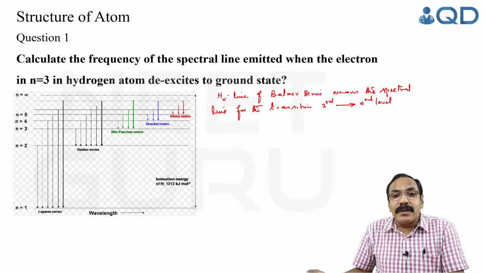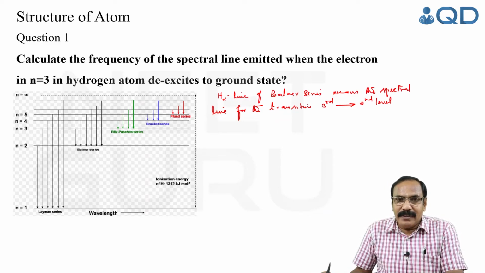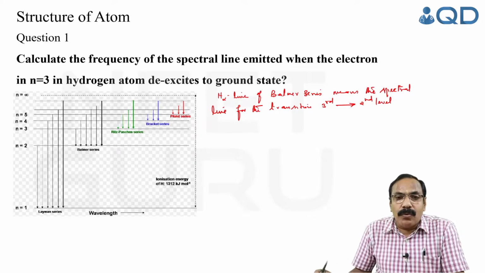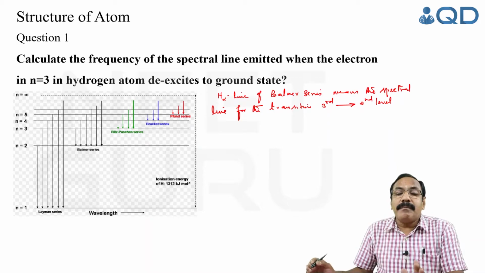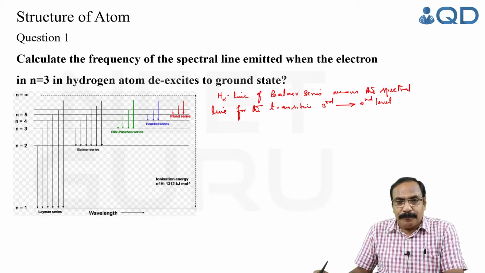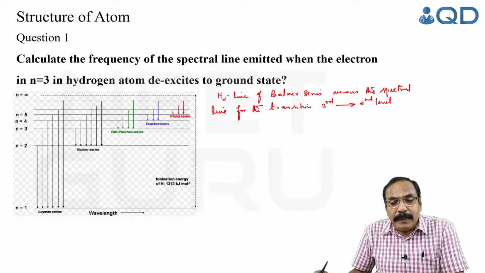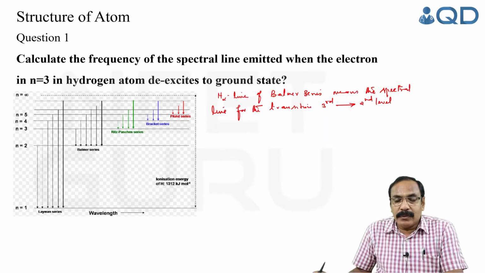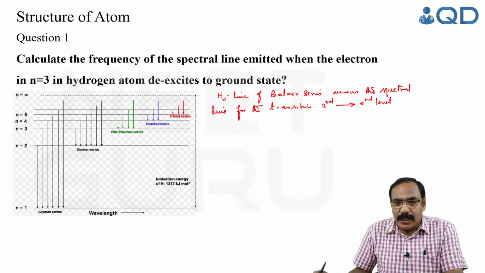So, the electron returns to the lower level. The difference in energy is given out in the form of radiation that can be recorded and can appear as a spectrum. In the hydrogen spectrum, we have 5 sets of lines. Each set of lines indicates a particular transition.